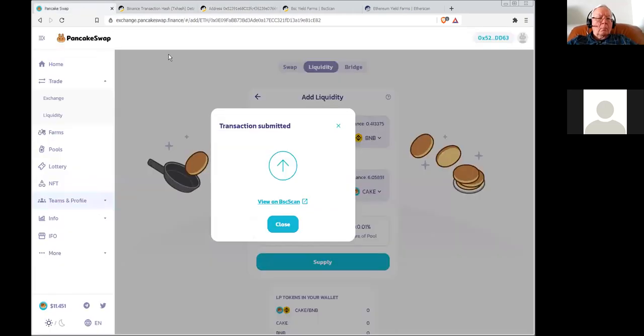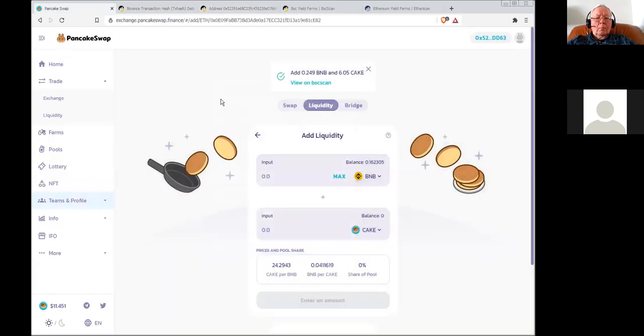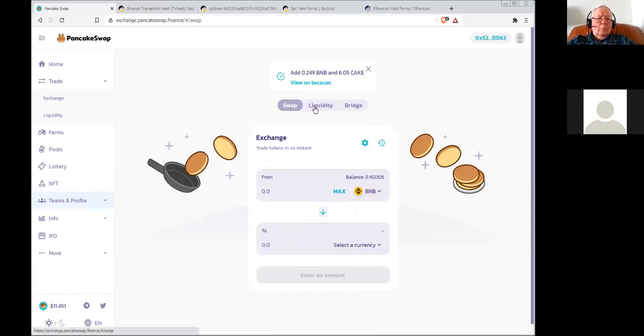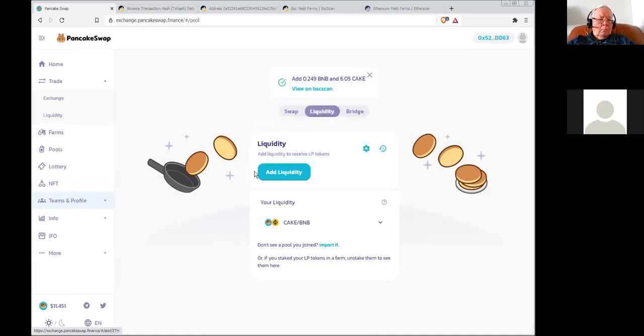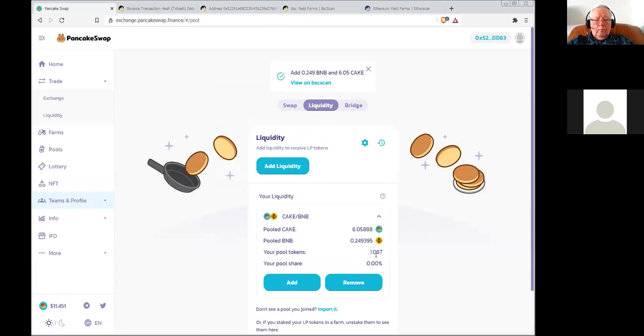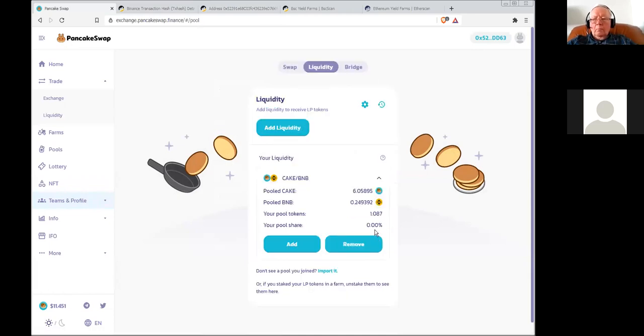All right, let's go back here, close. Add. Okay, so here you can see, since I have liquidity, it's showing me that I have 1.047 pool tokens. And so that's what I'm going to put into that farm.